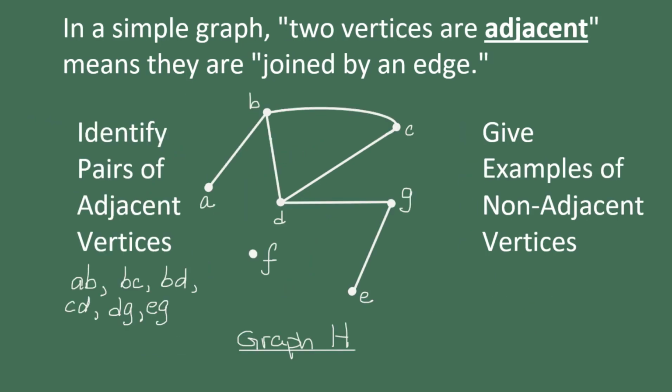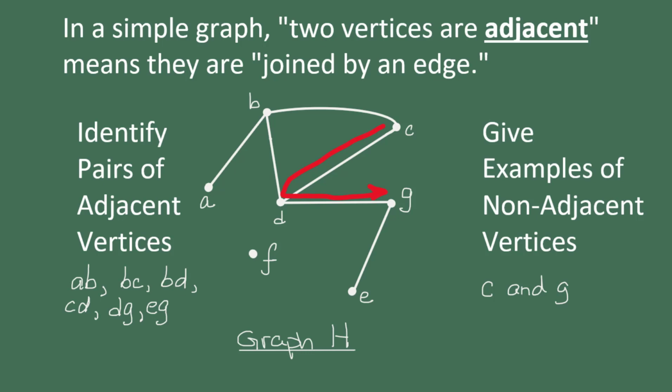Now, just to make sure we're clear, can you give an example of a pair of vertices that are non-adjacent, that are not joined by a single edge? You can always pause the video if you want to think about it for a moment. An example would be vertex C and vertex G. To get from vertex C to vertex G, we would actually have to travel along two edges.